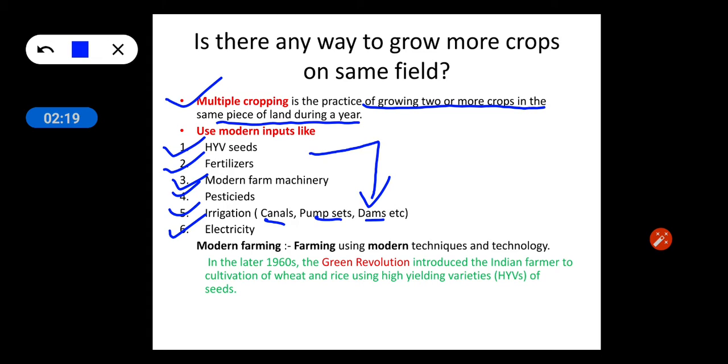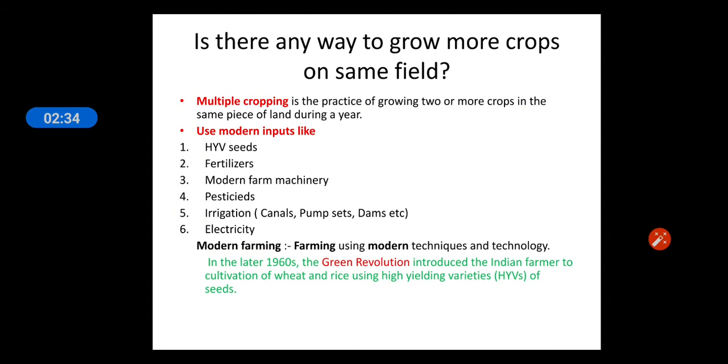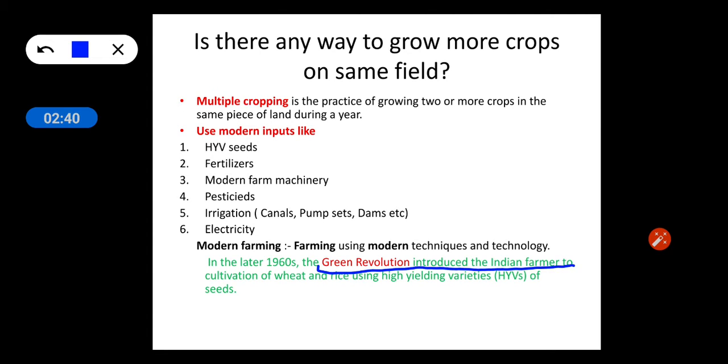Farming using these modern inputs, or farming using modern techniques and technology, is called modern farming. In the later 1960s, the green revolution introduced the Indian farmer to cultivation of wheat and rice using HYV seeds.